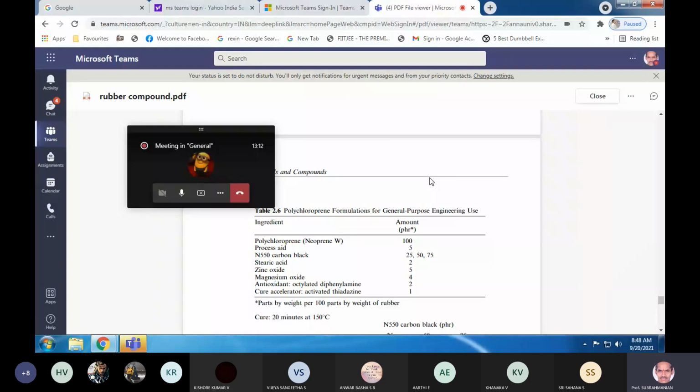So on the one hand, what we have? NR, SBR, EPDM, and possibly we can add butyl rubber. So they are all hydrocarbon, and we don't use them for contact with the organic fluid or solvent application, that is, medium or media that can disturb the backbone. So hydrocarbon. On the other hand, you have a nitrile rubber, which is a solvent resistant rubber.